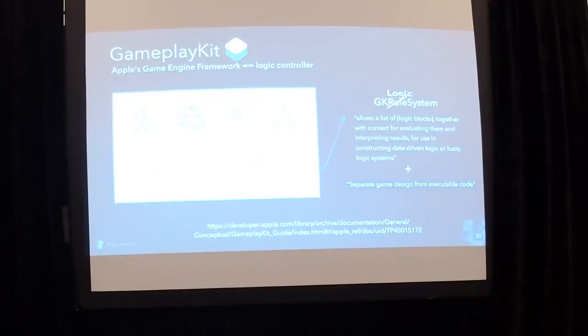But for this first iteration, we focused primarily on rule systems. And this rule system class that they provide, we focused on it because, by design, it separates game design from executable code. So you can load in your game design, execute the logic controller, if you will, and then take action based on that execution at a later time.